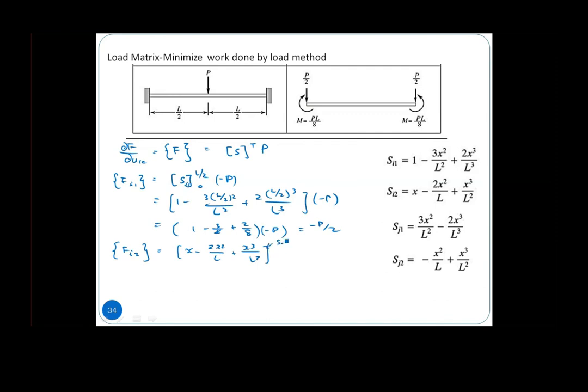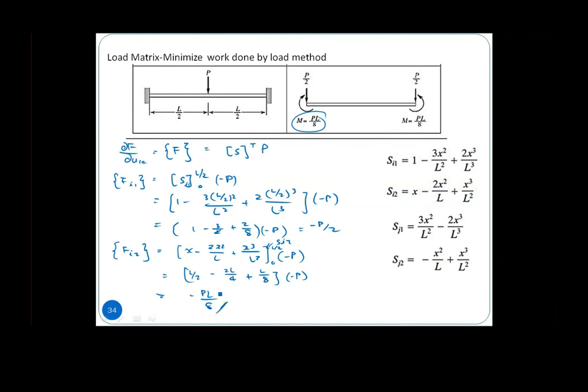This is Si2, multiplied with negative p, at L/2. So we have L/2 minus 2 L/4 plus L/8, times negative p, then we will have negative PL/8, which is this.